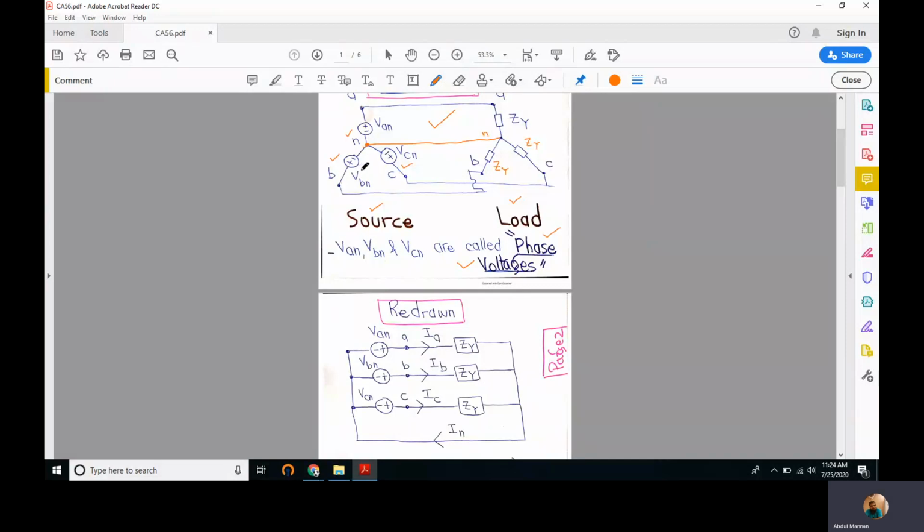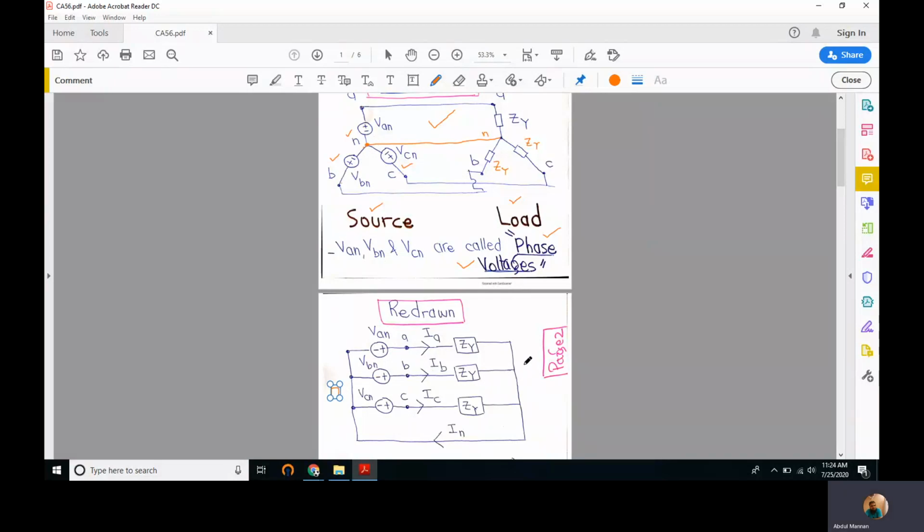Similarly, source B and source C are also placed in the same way, having positive side on the right and negative side to the left. Since all the negative terminals are connected together and collectively called N, neutral, we have connected them. So this is our neutral.